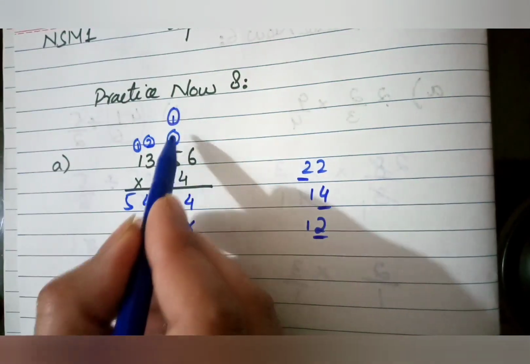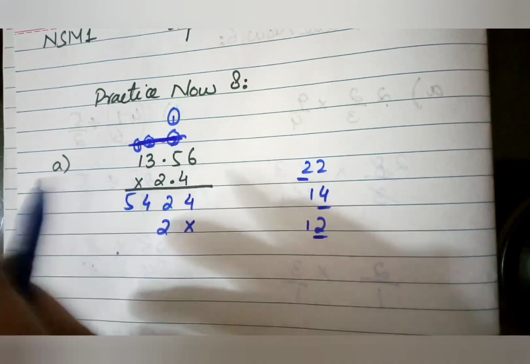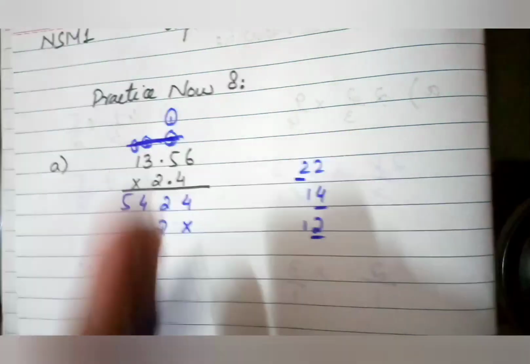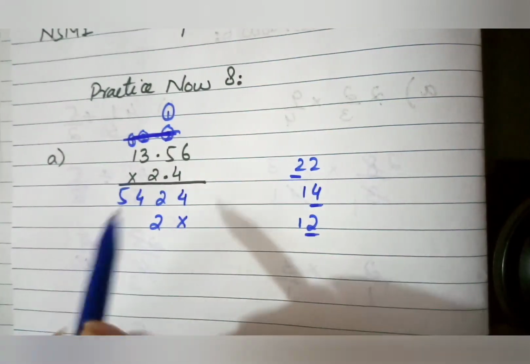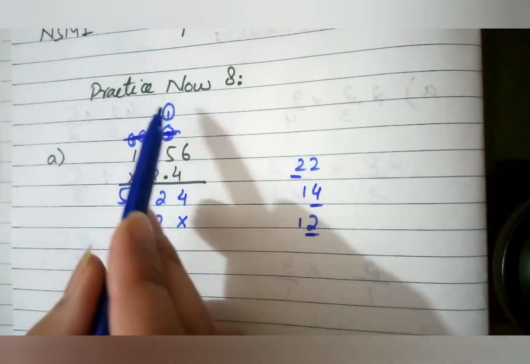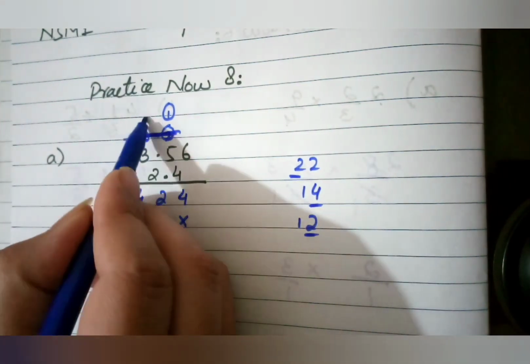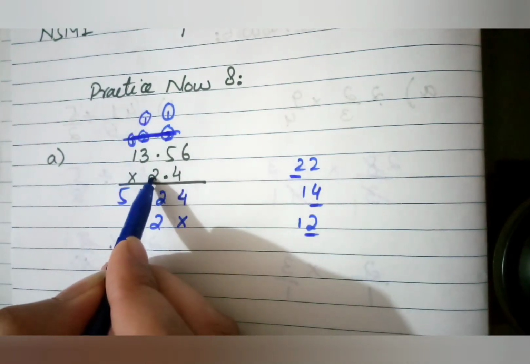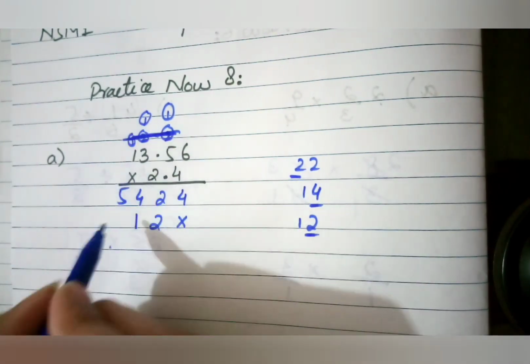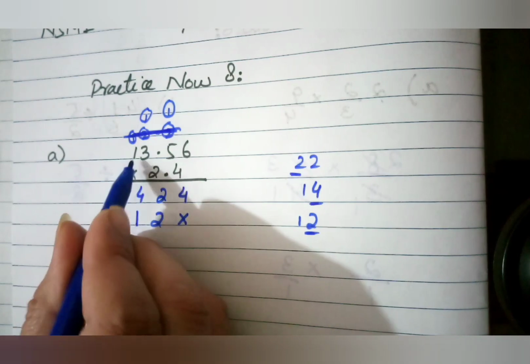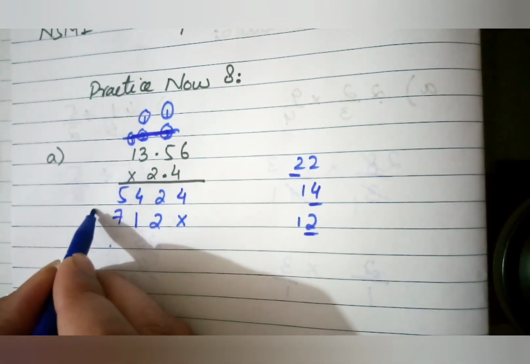Now we have solved this, so I'll cancel out the previous carries. Now 2 5s are 10 plus 1, 11. Write down 1 here and carry 1 on 3. 2 3s are 6 plus 1, 7, and 2 1s are 2.